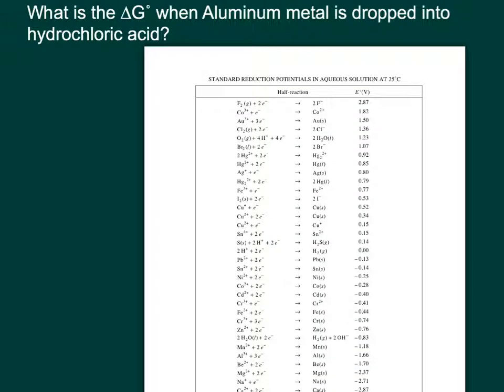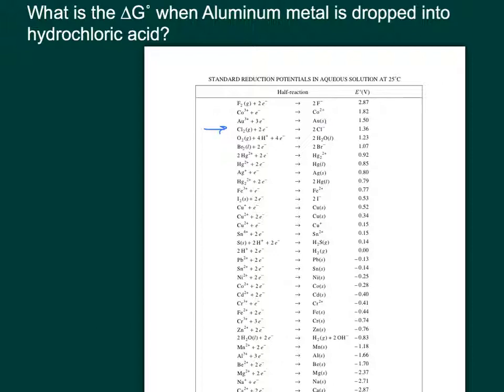Alright, so we're at the standard reduction potential table, and we're looking for a couple things here. The first one is chloride ion, so the reaction is right here with chlorine. In this case we're going to use the full table. Sometimes you can just write a small table, put the three reactions in order, circle what you have, and then take a look from there.